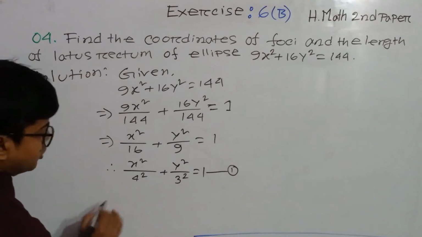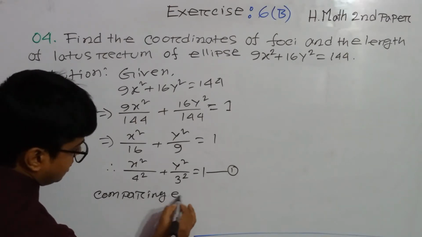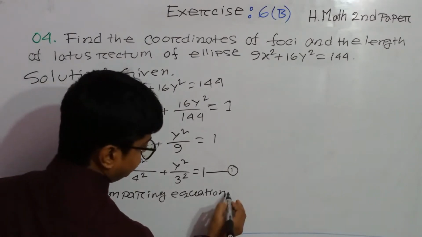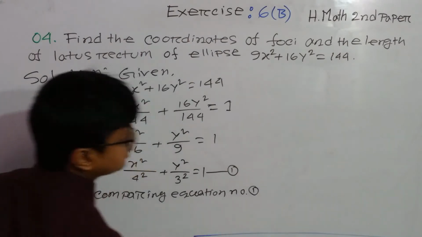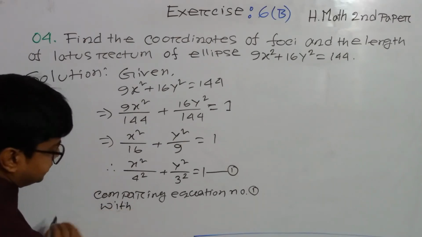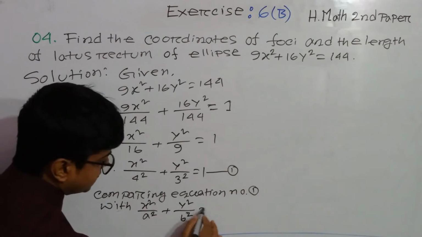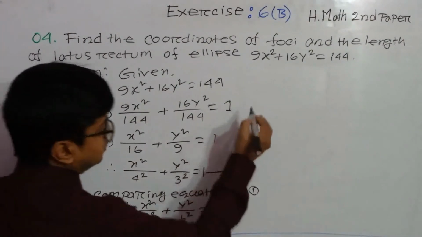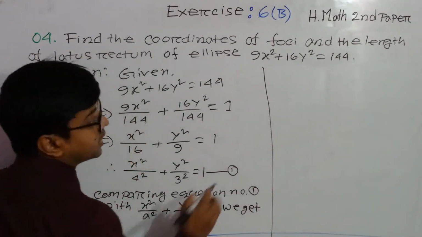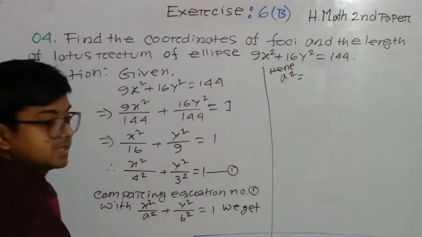Now comparing equation number 1 with x square by a square plus y square by b square equals 1, we get a square equals 16.